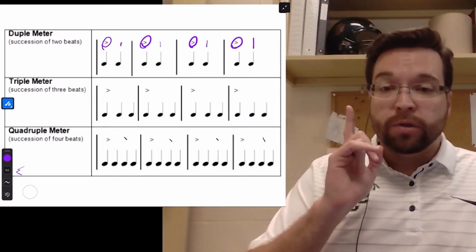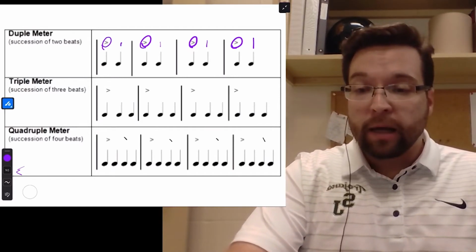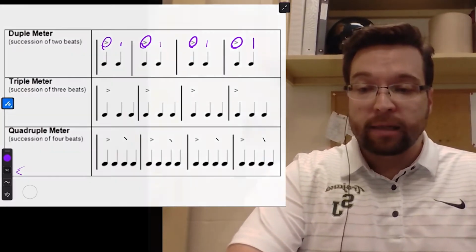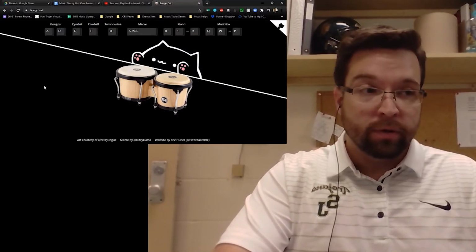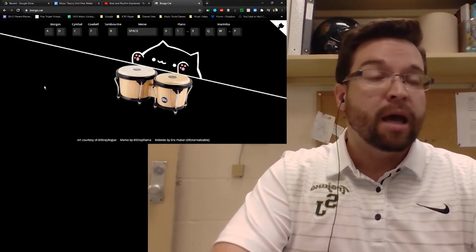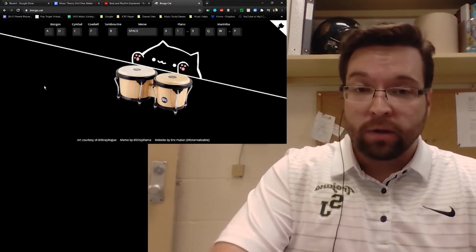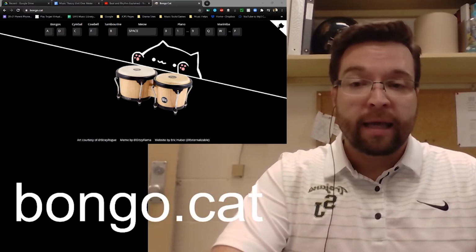Okay, and I'm going to sound these out so that you can hear them using a website called bongo.cat. Okay, if you've never heard of Bongo Cat, look them up on YouTube or Google them on the internet or something like that so you can see what Bongo Cat's all about. But this website or an app, you can use it to access it on your phone as well. I'll show you the web address. It's bongo.cat.